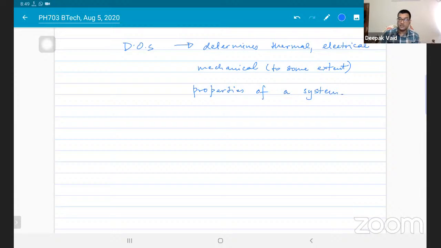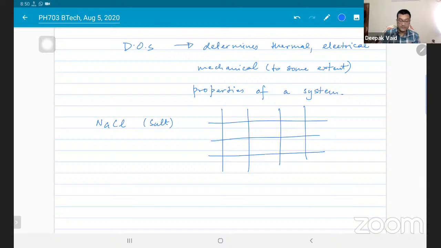Okay, if you consider some material, you have some sort of lattice. Let's say you have NaCl, right? What is that? Salt, right? Common salt. So you have some two-dimensional lattice or three-dimensional lattice of atoms, right?